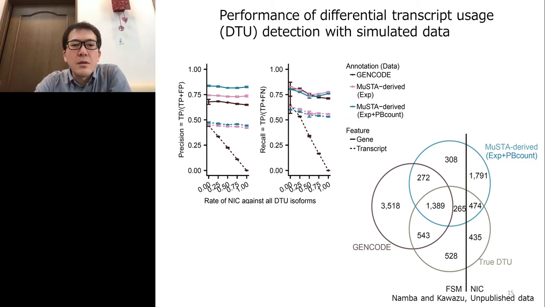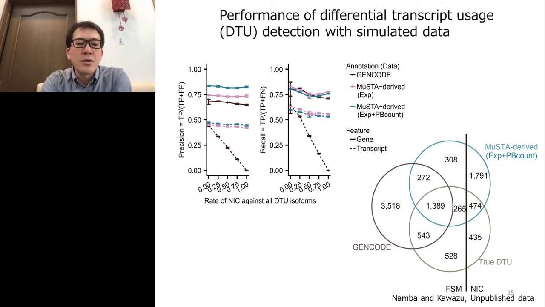We evaluated the performance of differential transcript usage detection, DTU detection, with simulation data. We tested 5 conditions of NIC ratio: 0.0, 0.25, 0.5, 0.75, and 1.